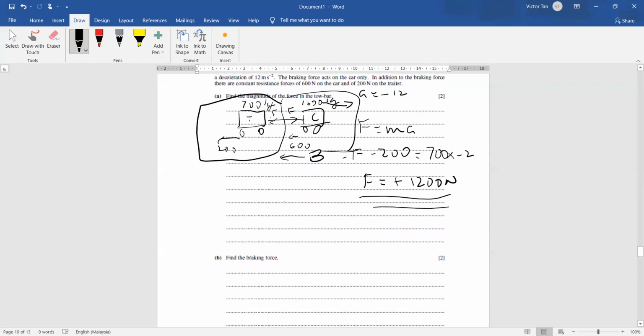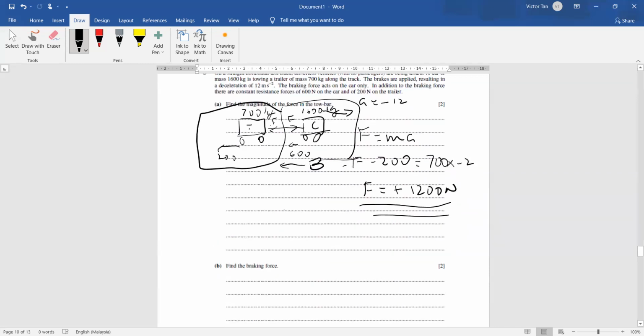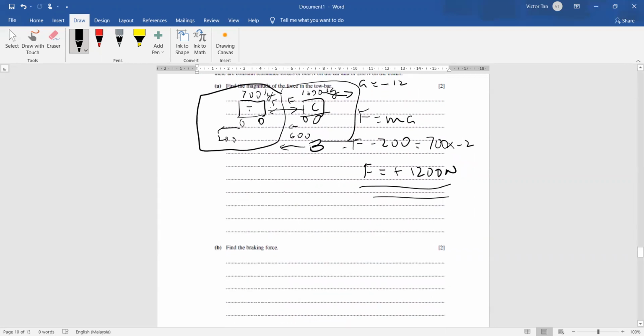Find the braking force. So the braking force B. F minus B. Again, you have resultant force equals MA. So this is F. F now is to the right, minus B, which is the braking force.